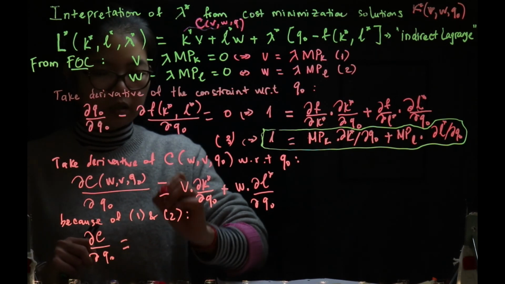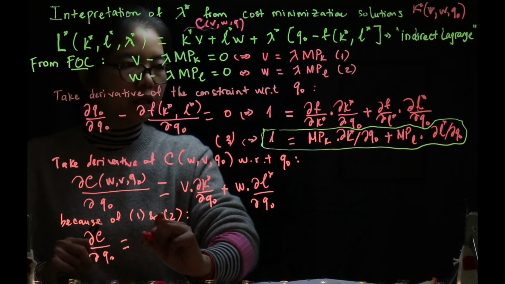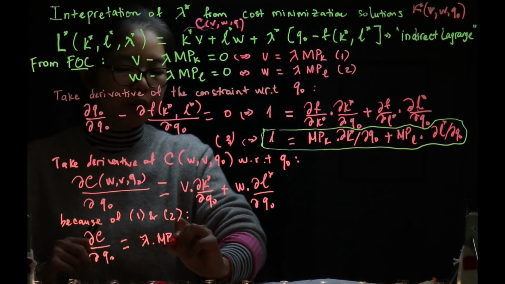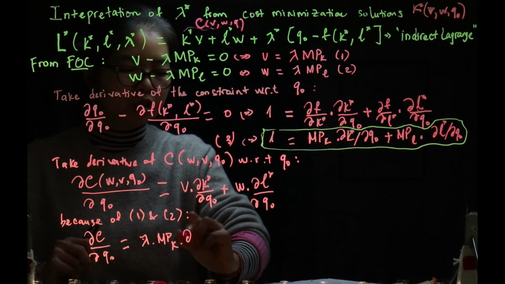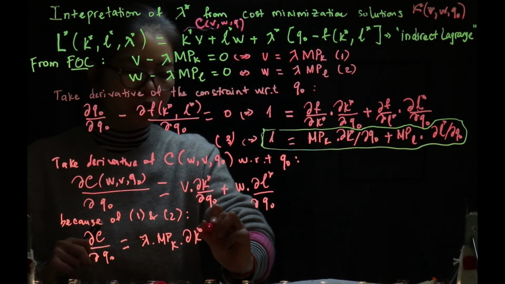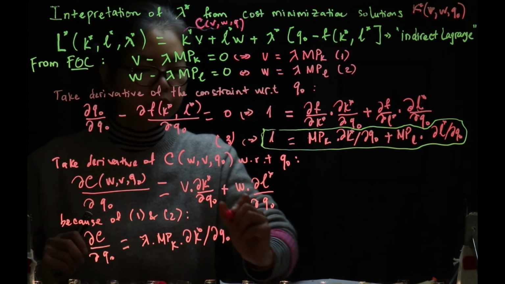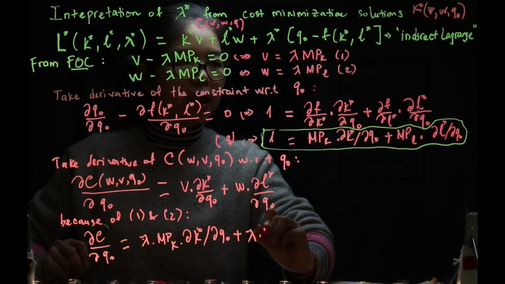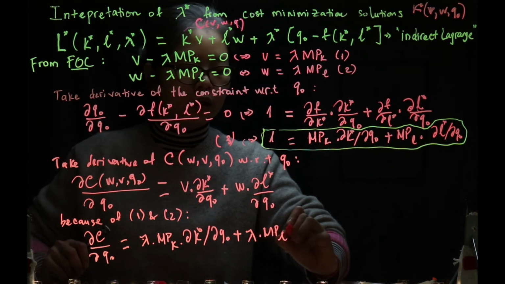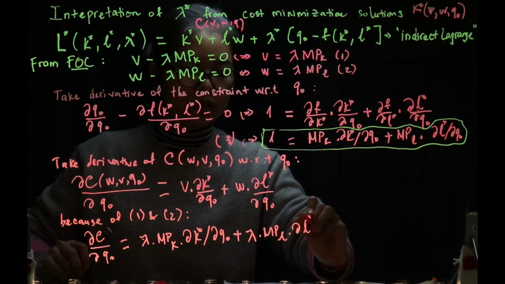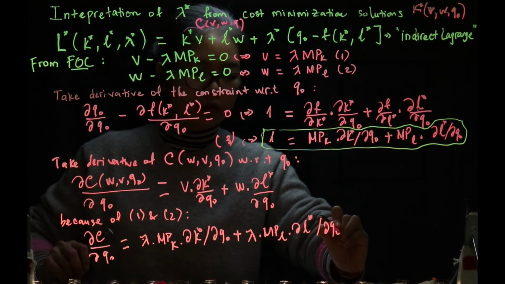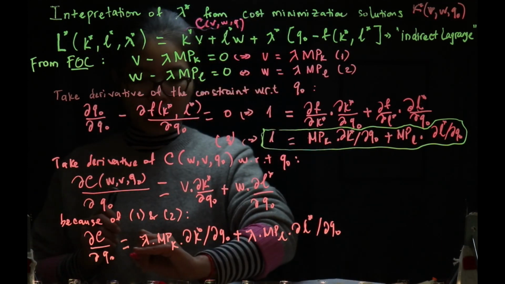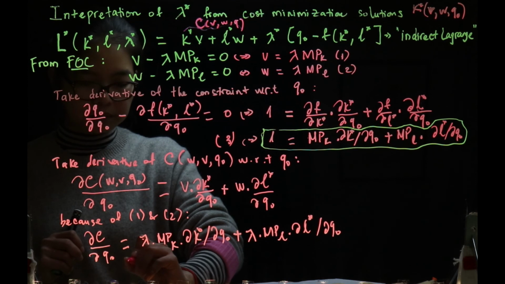So we have the derivative of C with respect to Q0 equals V, which is lambda times MPK, times the derivative of K star with respect to Q0, plus lambda times MPL times the derivative of L star with respect to Q0. Now we can already factor out the lambda.